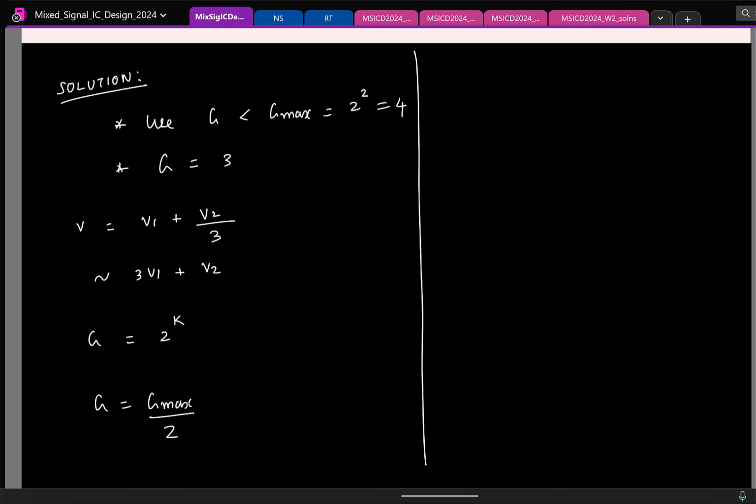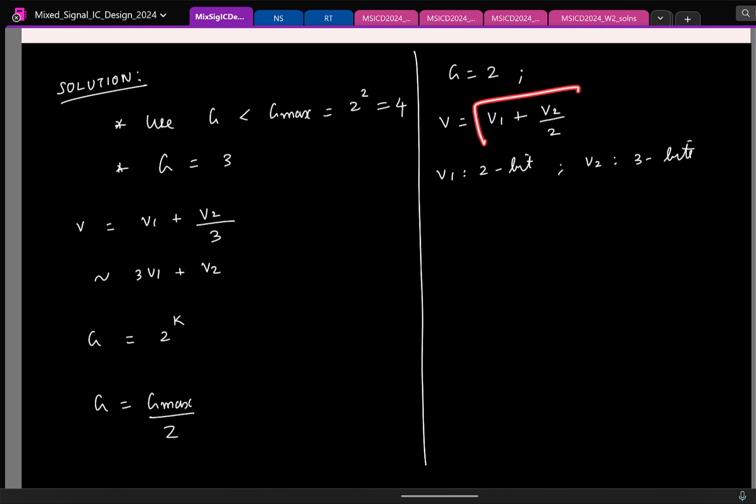Again, there is no hard rule saying you shouldn't use it. So let's say we use a gain of 2 now. So I'm using a gain equal to 2, and I'm reconstructing the output as V1 plus V2 by 2. Again, let me take some quick numbers. So let us say V1, as we assumed, is 2-bit data coming from a 2-bit ADC. Let's assume V2 is say 3 bits. Okay.